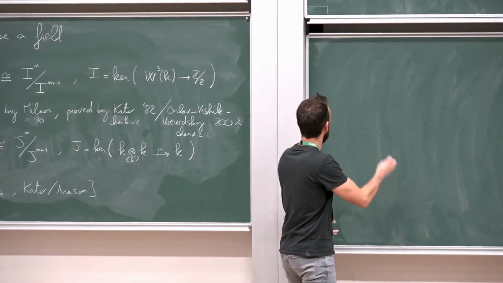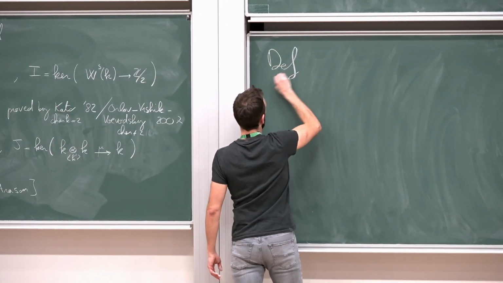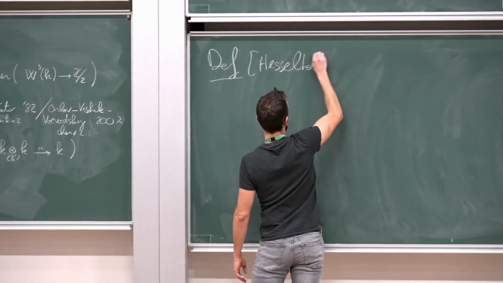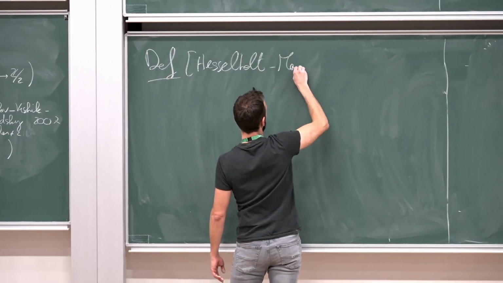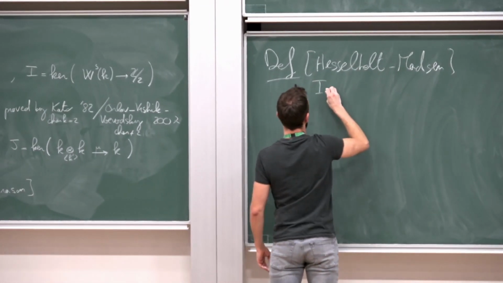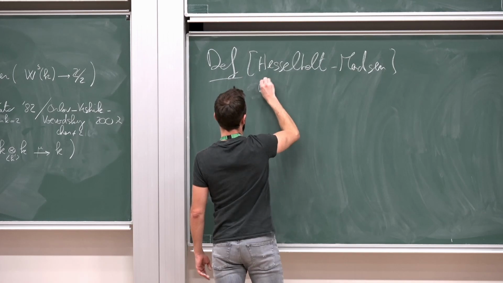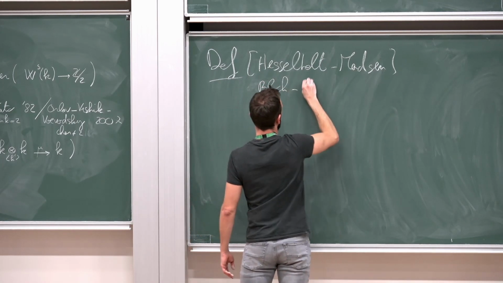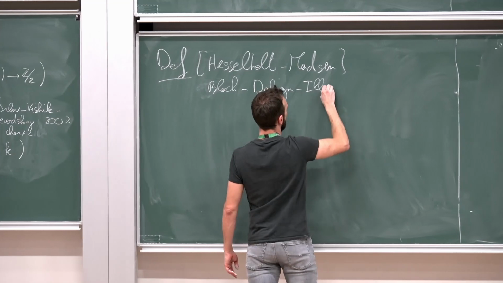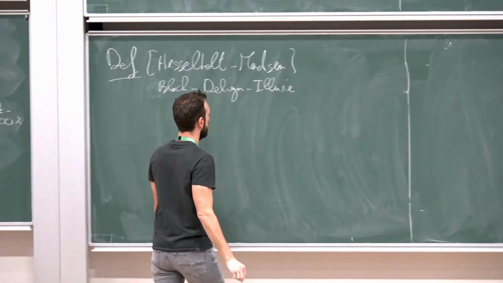So that's called a Witt complex, and the definition is, again, using Hesselholt and Madsen, in these terms, but it really goes back to, I guess, Bloch, Illusie, and Deligne.